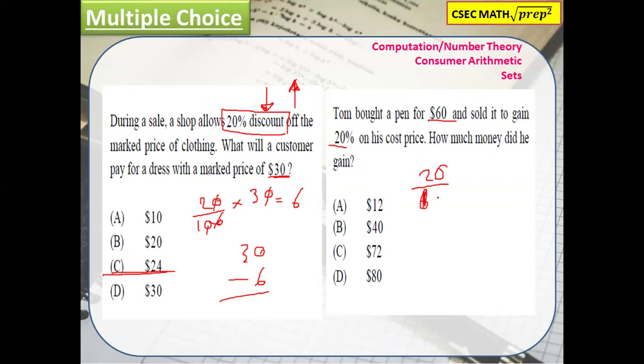So it's 20 over 100 multiplied by 60. All right, again, we can cancel the zeros. And the question says, how much money did he gain? 2 times 6 is $12. That's our answer right there. If the question had asked, how much was the pen sold for, then it would be 12 plus 60, giving us 72. But it only asks for the gain.